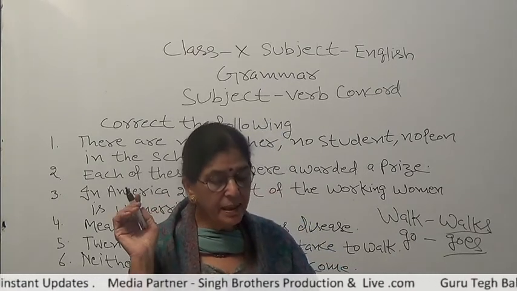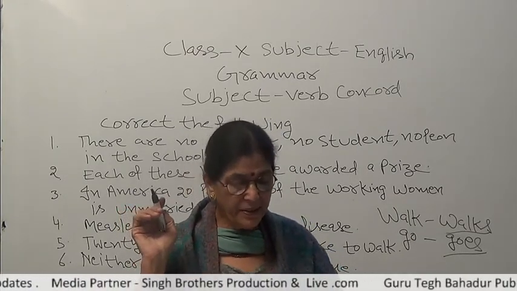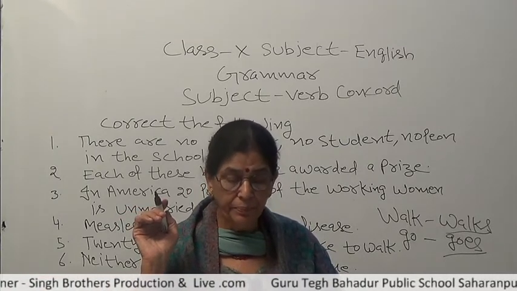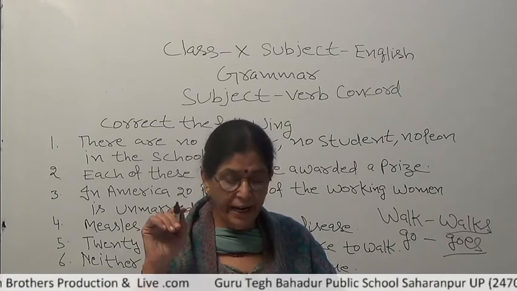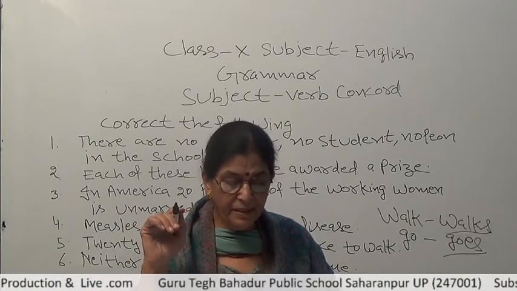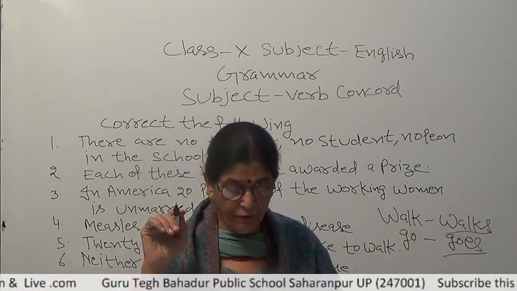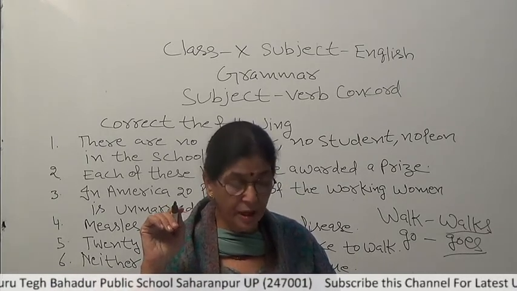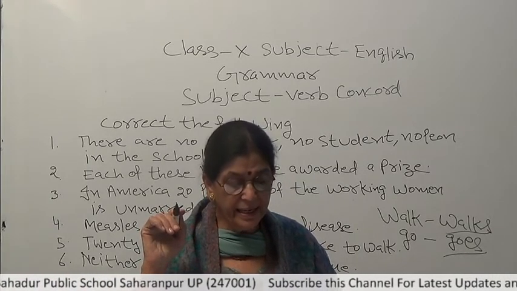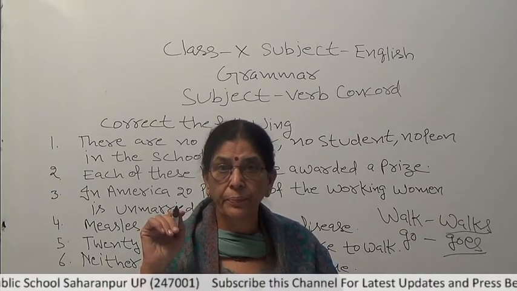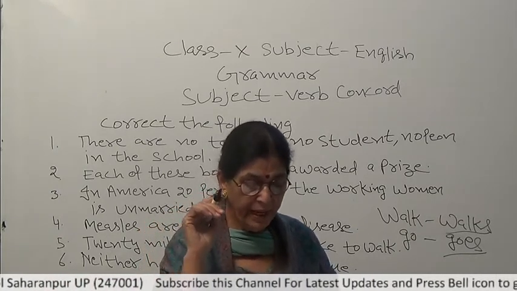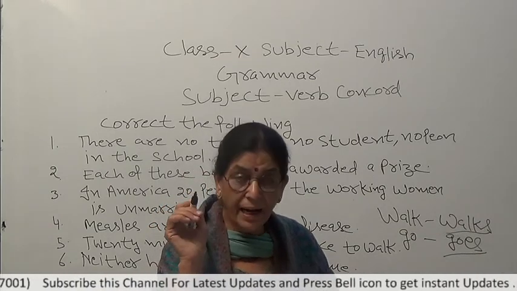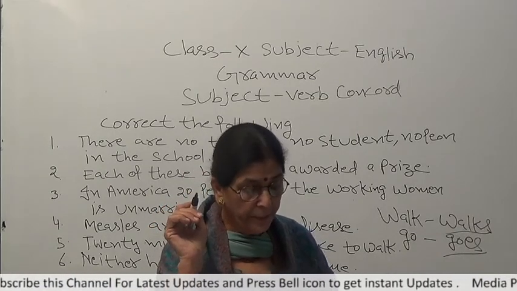Next, words or phrases expressing period of time, duration of time, fractions, weights, measurements, and amount of money are considered as singular and take a singular verb. Keep in mind, all the weights, all the money measurements, they take the singular verbs.